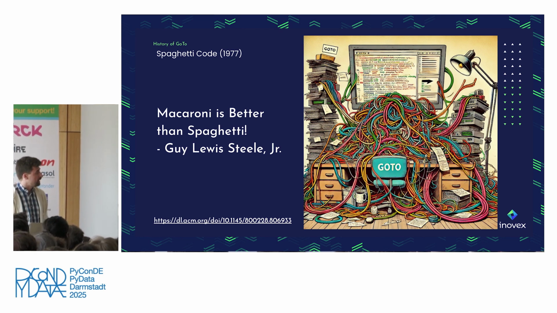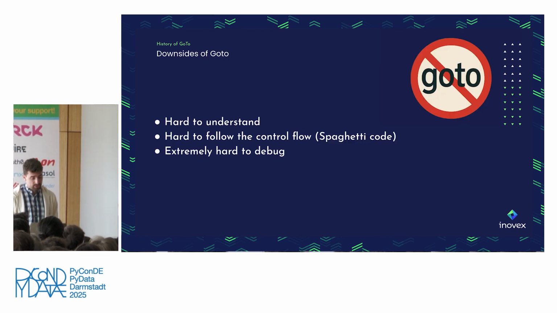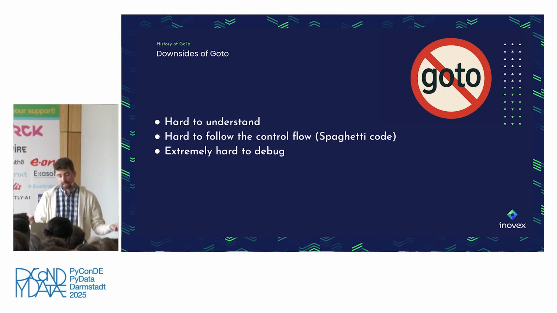And he pointed out that Goto is a really bad statement, and you should not use it because it's hard to understand. It's hard to follow the control flow. It's like you're jumping around a bit like the ends of spaghetti on your plate, and it's extremely hard to debug.